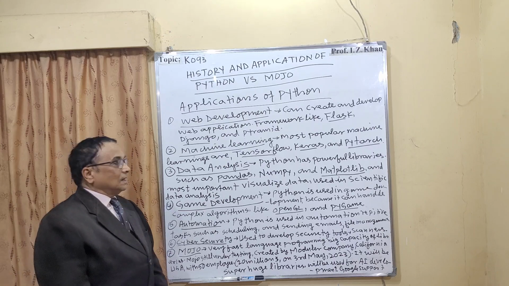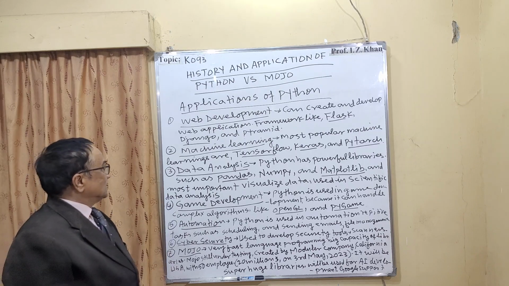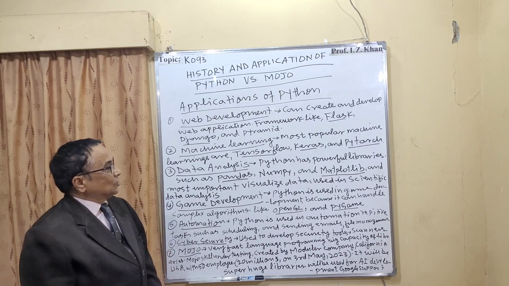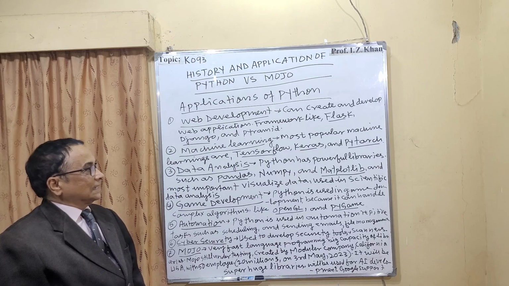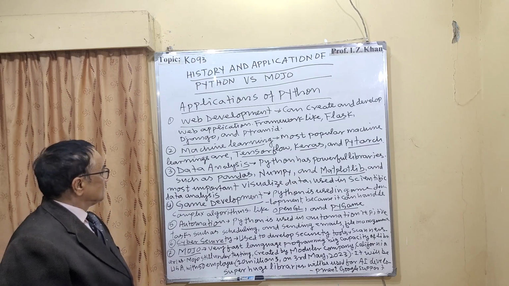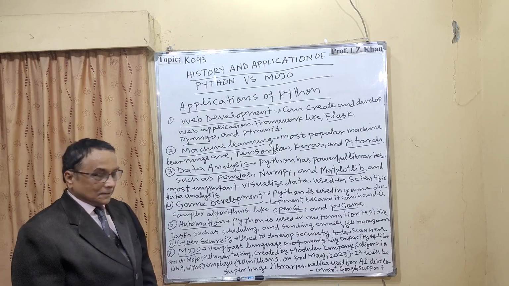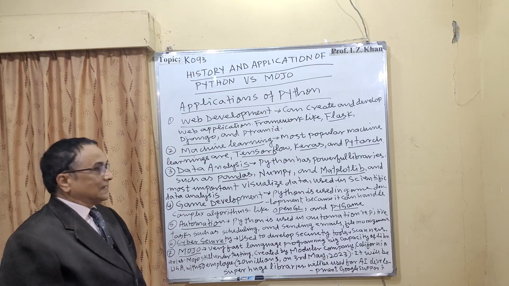And number 2, it is used in machine learning. The most popular machine learning libraries are TensorFlow, Keras and PyTorch. They are the most popular, these 3. Number 3, data analysis.